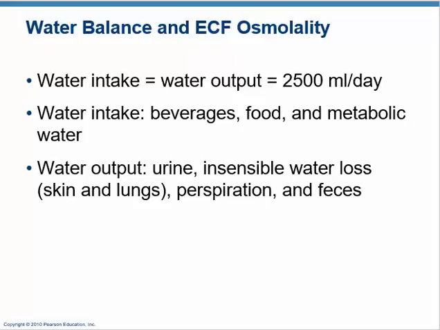You actually get a surprising amount of water from the cytoplasm of the cells of the food that we eat. And we also make water. Water is a byproduct of dehydration synthesis. So as we make peptide bonds in creating proteins, a water molecule is created and it adds to the water intake.